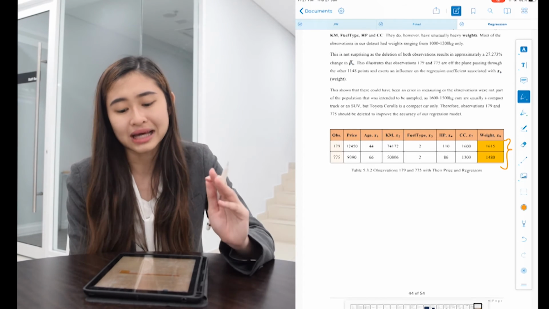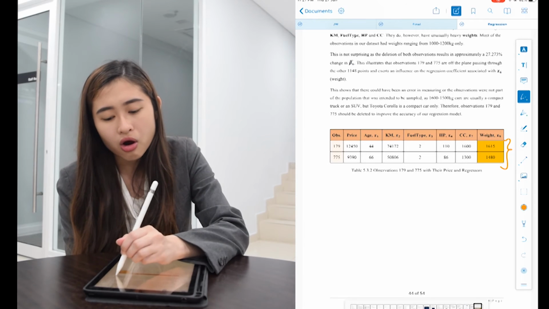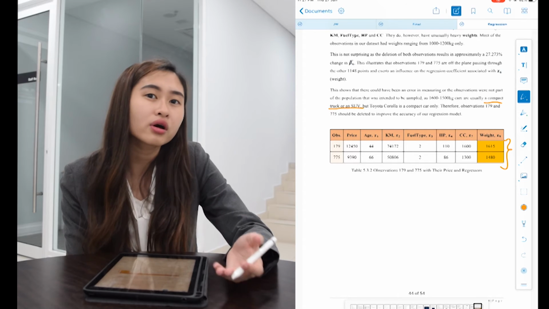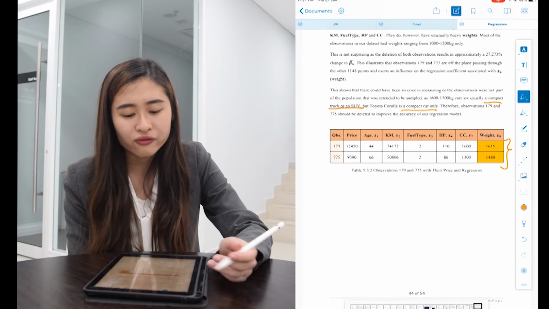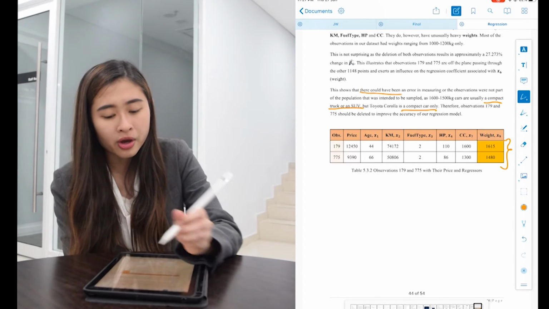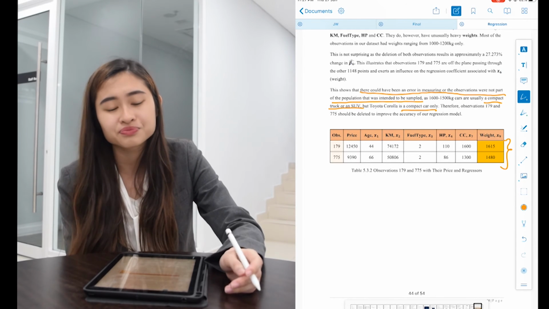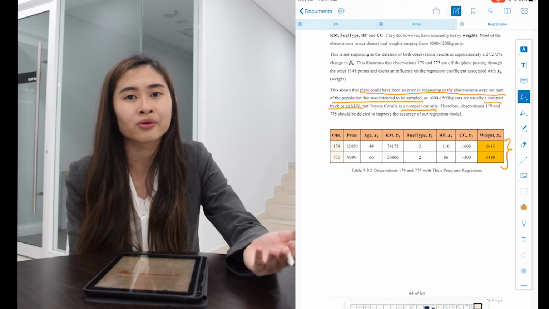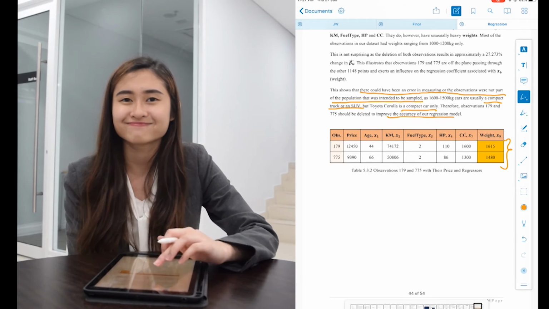And we found out that cars of 1500 to 1600 are usually a compact truck or an SUV, but Toyota Corolla is a compact car only. Therefore, we assume that there might have been an error in measuring, or the observations were not part of the population that was intended to be sampled. So we concluded that it would be appropriate to discard them to improve the accuracy of our regression model.